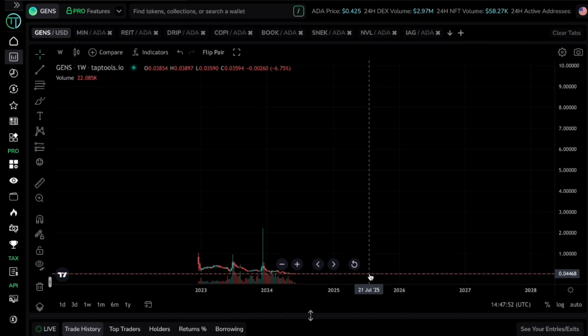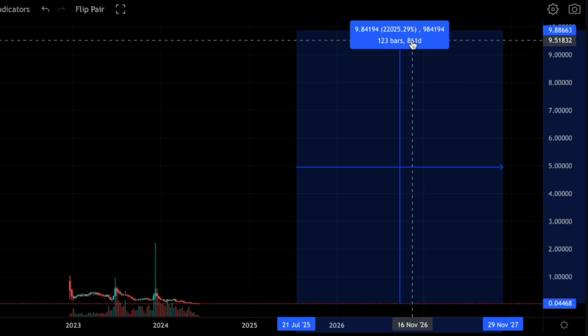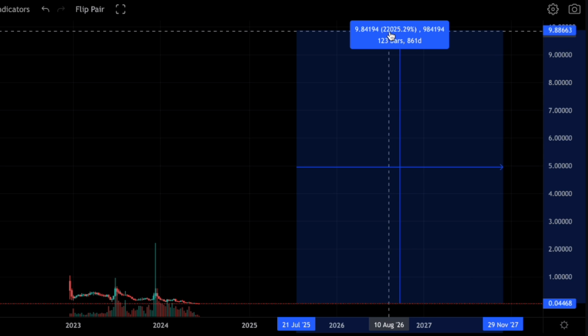I'll show you what I mean in a second. But we're just going to pretend that we get in position at 4.468 cents. So it's a lot higher than where the price is right now. If we measure up to $10 from that point, look at this, a 22,000% gain at $10. Yeah, that's crazy.